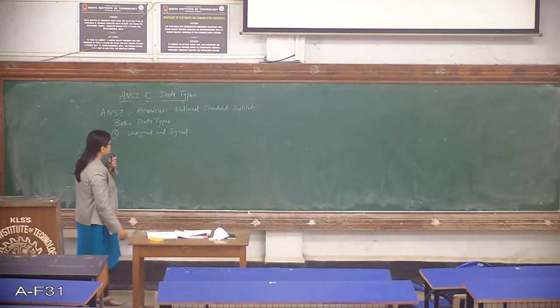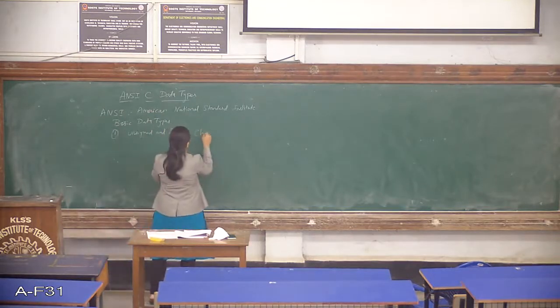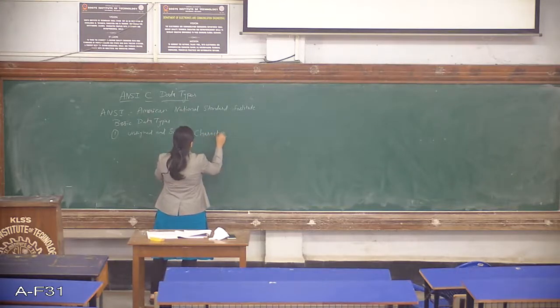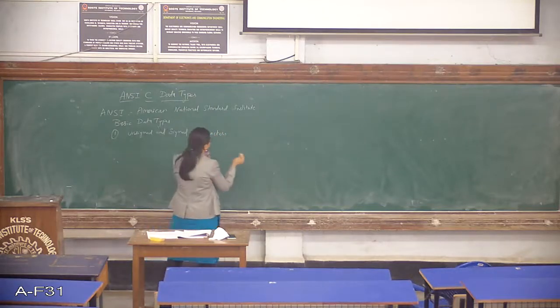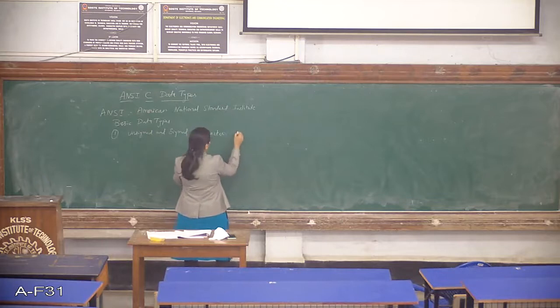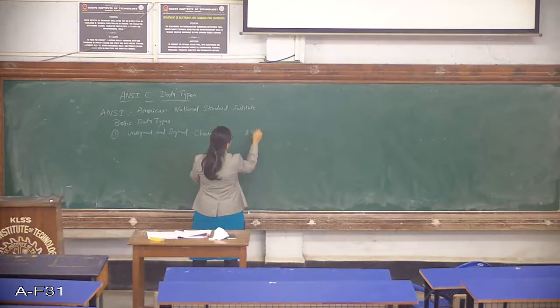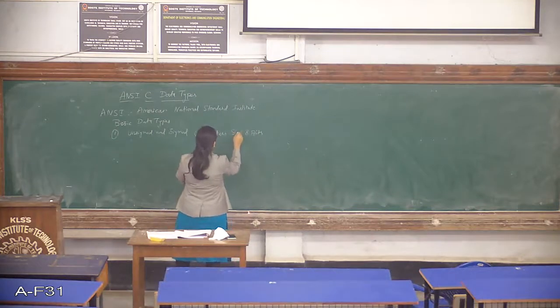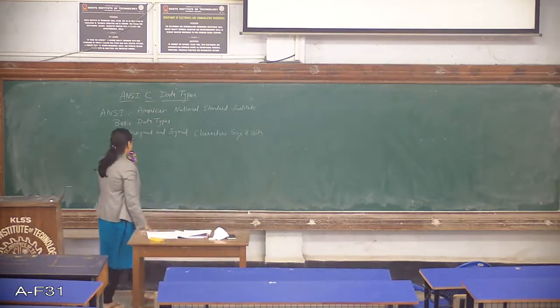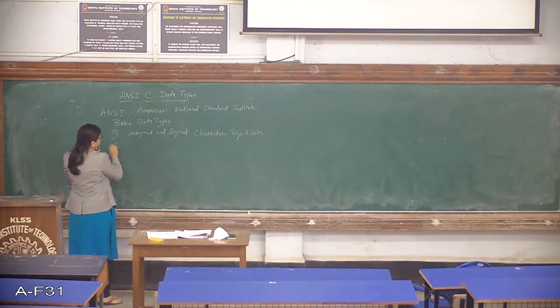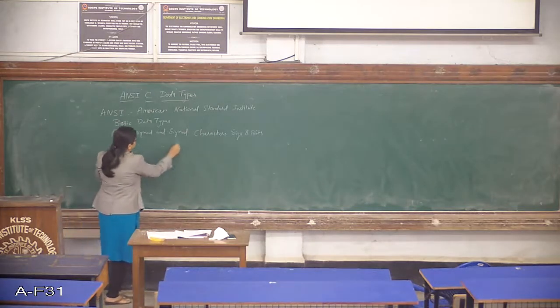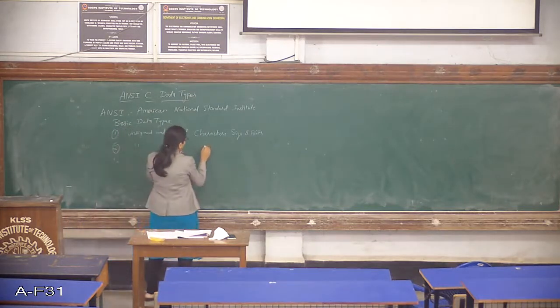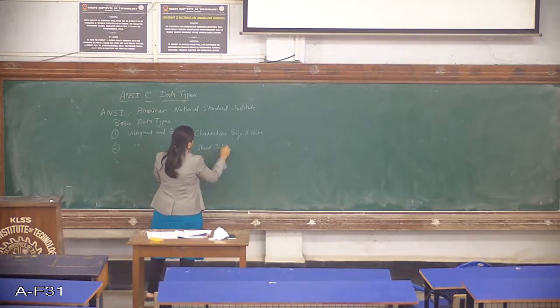So unsigned and signed characters. You can have characters of unsigned and signed, and the size of the character is 8 bits, that is nothing but 1 byte. Next we have, again unsigned and signed, short int, that is nothing but short integers.